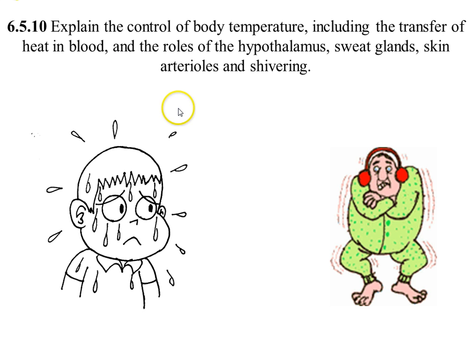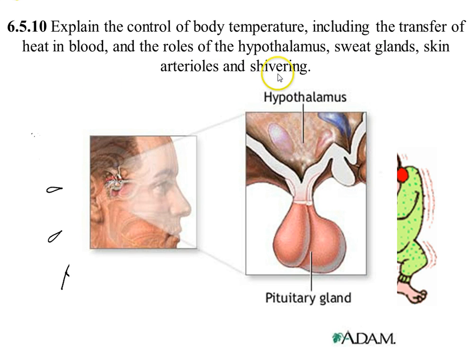All right, so we got to talk about one other thing. We started this with the control of body temperature, including the transfer of heat and blood, the role of the hypothalamus, sweat glands, skin arterioles, and shivering. So again, this all happens in the brain.